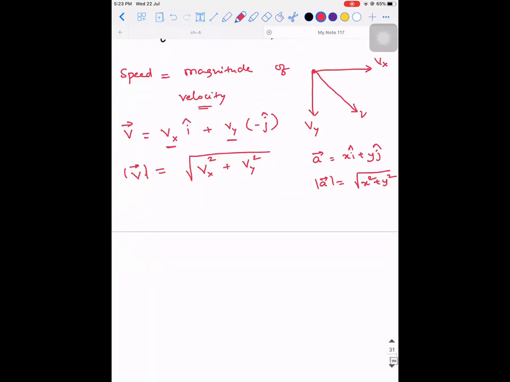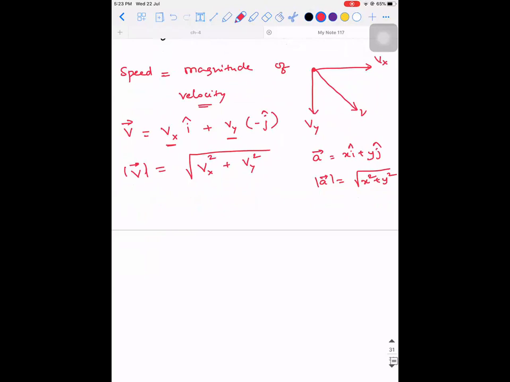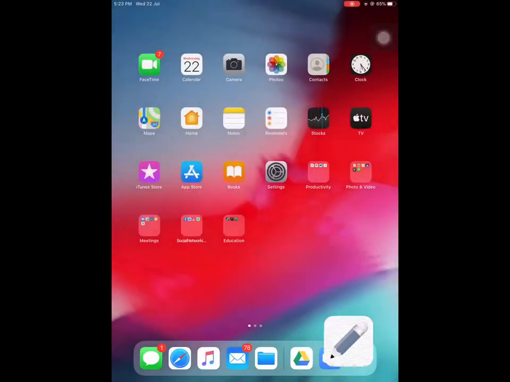So in this question, you need to find Vx, find Vy, square them, add them, and take the square root. Is that clear? Till now, I didn't teach anything. I explained what they are asking in the question. Are you guys clear with what they are asking? Yes or no? Yes, sir. Okay.